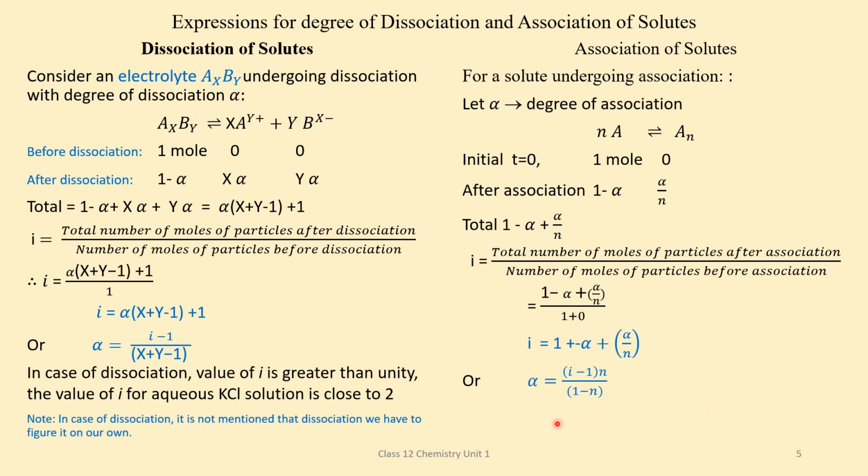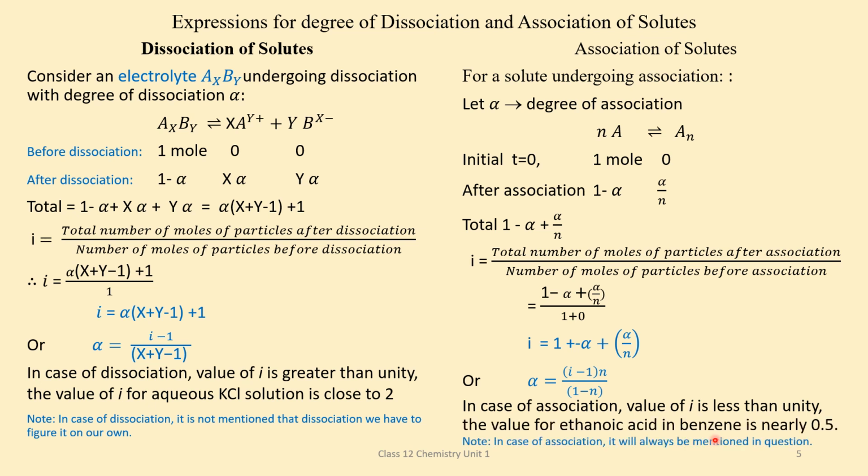You work out these simple calculations and rearrangement in your notebook. In case of association, the value of i is less than unity. The value for ethanoic acid in benzene is nearly 0.5. Please note that in case of association, it will always be mentioned in the question that it is association. Otherwise, if it is not mentioned, you can take it as dissociation.